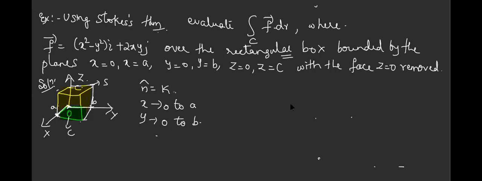If you are dealing with a circle, it will be easy to write the limits for polar coordinates, isn't it? Okay, so just draw a rough figure and write it down.